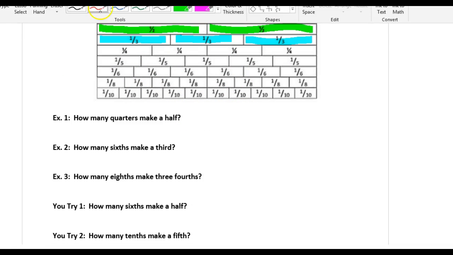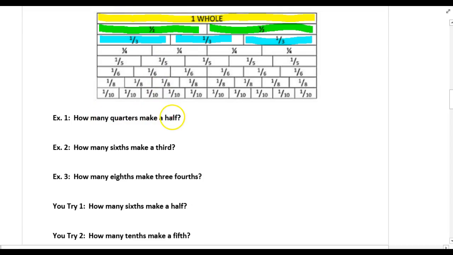What I like about this is it shows how many quarters make a half. So if I look here, the half goes from here all the way to here. If I follow this down, how many of these fourths make up the same rectangle that represents a half?